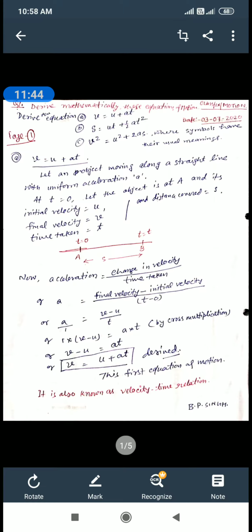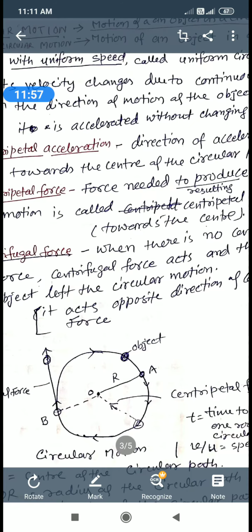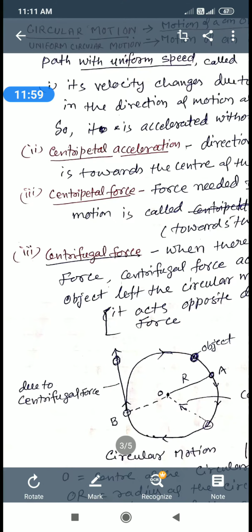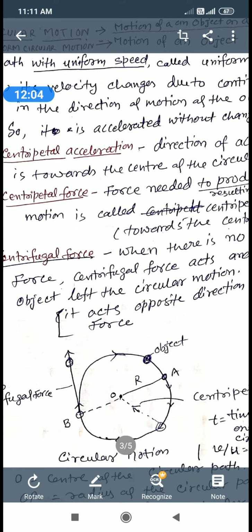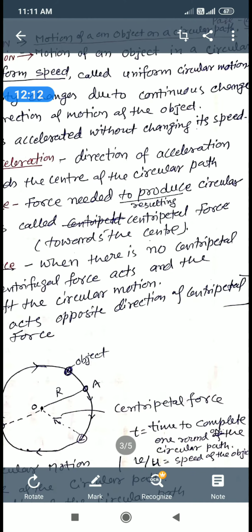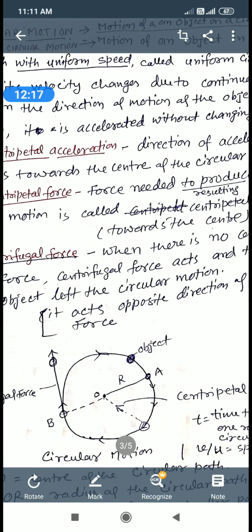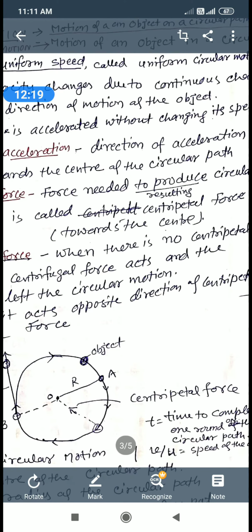Now the second term of the circular motion is centripetal acceleration. This acceleration is directed towards the center. Direction of acceleration is towards the center of the circular path.